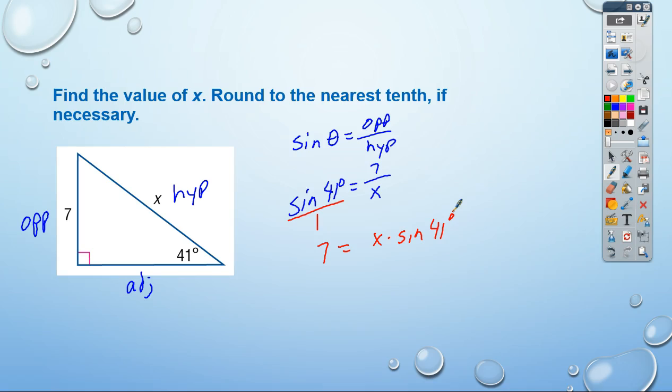Then I can just divide by sine of 41 degrees. So 7 divided by sine of 41 degrees is equal to x. Put that in your calculator and you get an answer of 10.669. Again, calculator work.